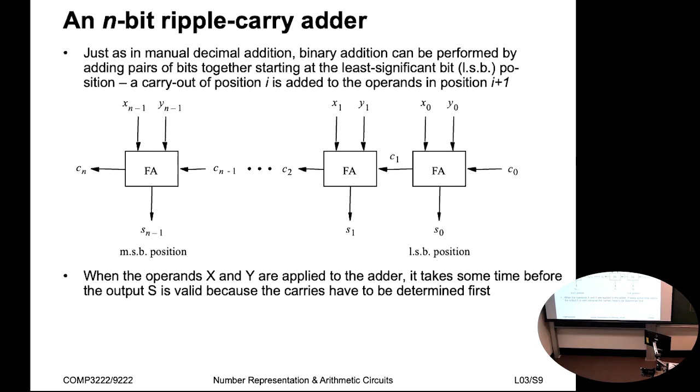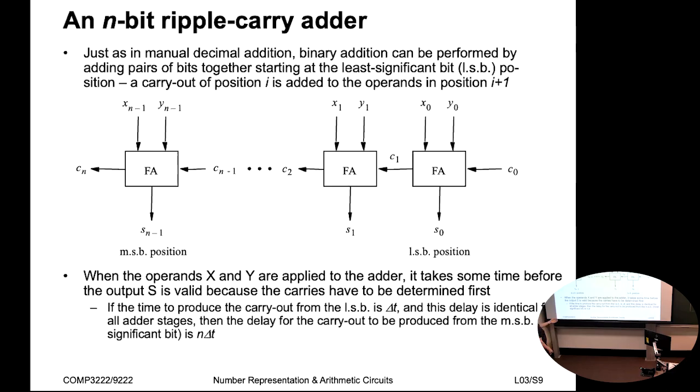All right, so when the operands x and y are applied to the adder, it takes some time for that output s to be correct. And the reason for that is that the carries have to be determined before you can determine what the sum is, right? Because the sum is dependent on the carry. So if the time to produce the carry out from this first stage here is delta t, and it's the same for every stage, it's going to be n delta t before we know what the carry into this stage is over here, right?